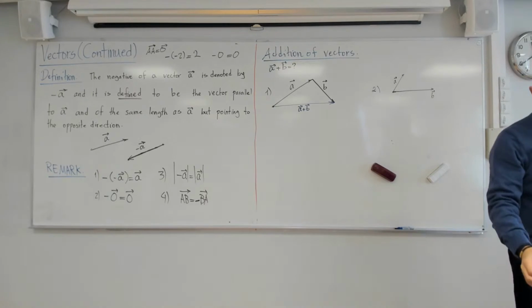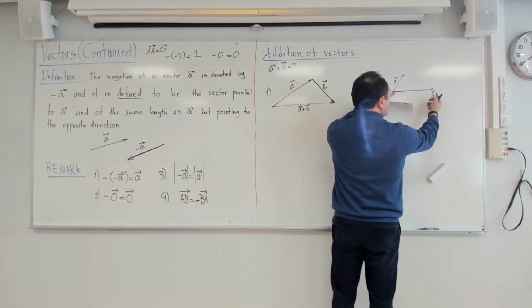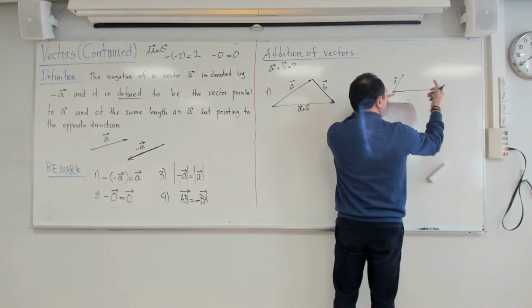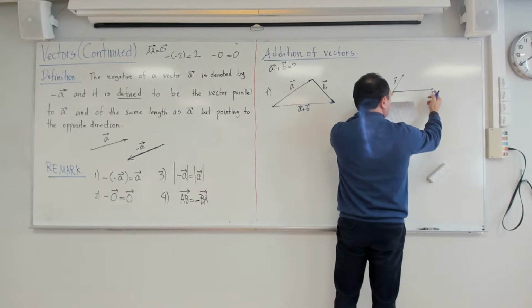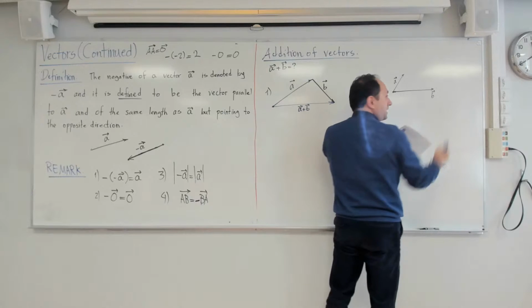So then what we need to do is parallel transport the second vector to the final point of the first vector. What do I mean by parallel transport? It means that I want to transport this vector so that it remains parallel to itself with the same direction and with the same length.